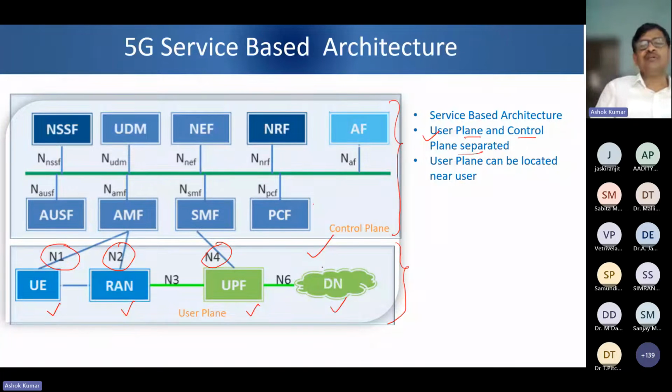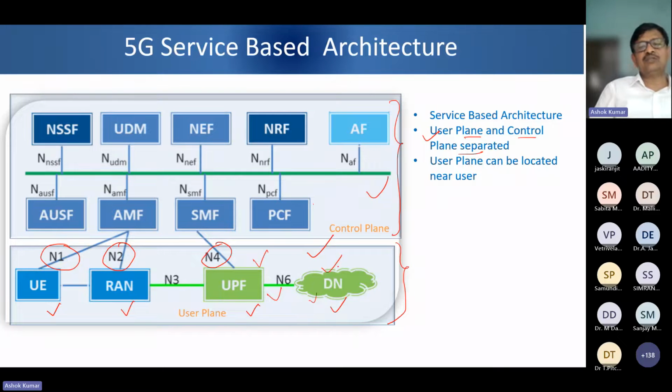For example, if Jio has rolled out a 5G network across the country and their core is in Mumbai, they can still locate their UPF in, say, Patna, Hyderabad, and other cities, and connect to local services. For example, if in Tamil Nadu there is some local language service requirement, that can be hosted near the user, with the UPF and data network in a small data center there.